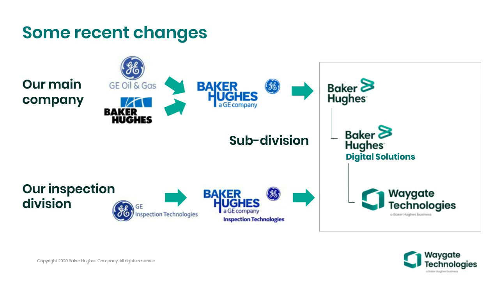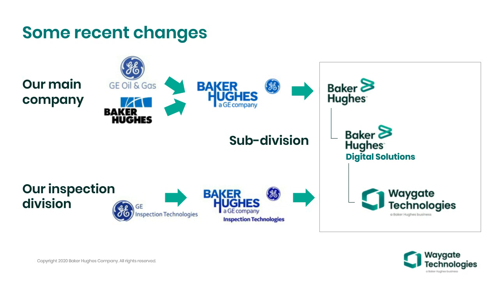Then, if you look to our inspection division, we used to call ourselves GE Inspection Technologies. For about 17 years, we were using that name. When Baker Hughes, a GE Company was formed, we were part of that company, still calling ourselves Inspection Technologies.